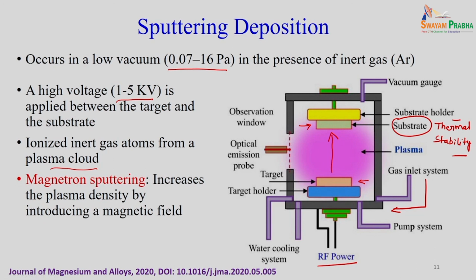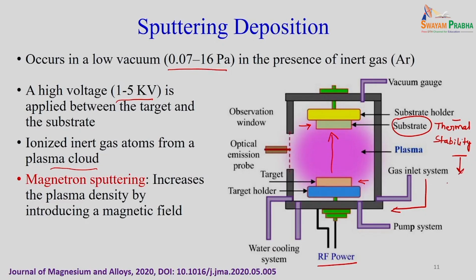So, the thermal stability of the material or your substrate is important, and many times during the deposition it alters the crystal structure, or even it can alter the composition of the outermost layer.